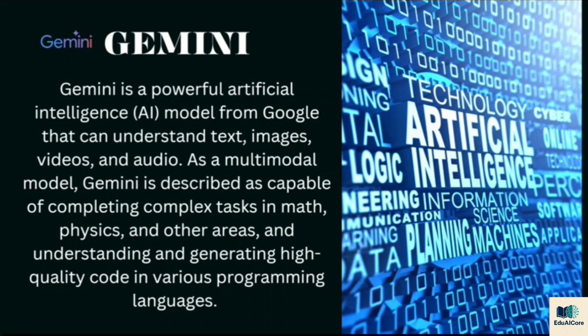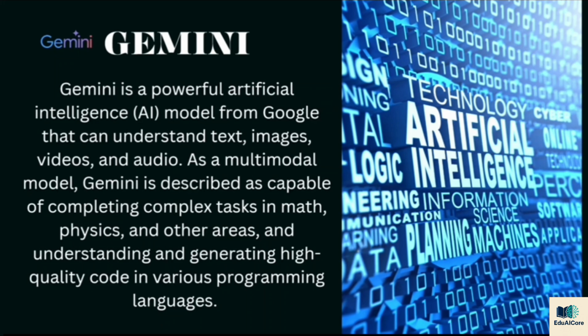Okay, so it is an artificial intelligence model by Google, which Gemini was previously known as Bard or Google Bard. It helps you understand text, images, videos, and audios. If you put in any text, it will try to understand that text.